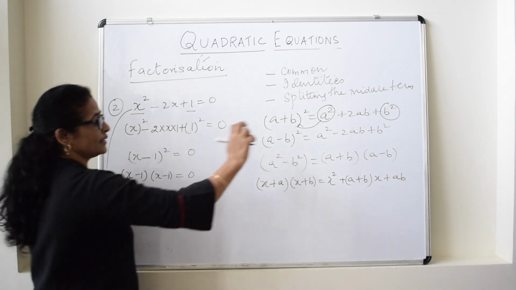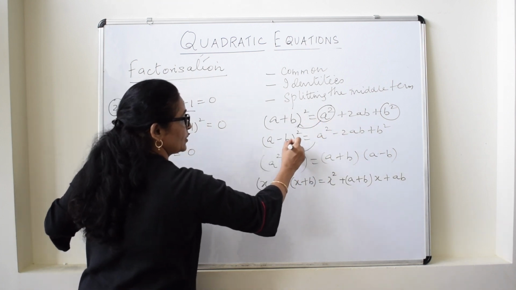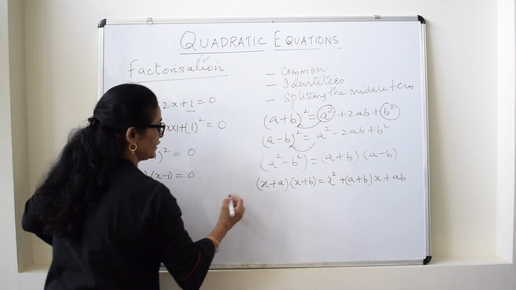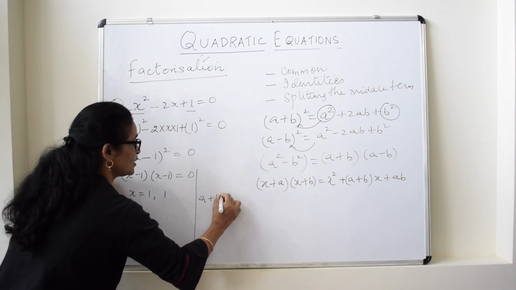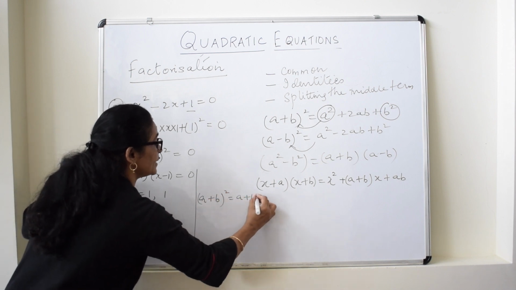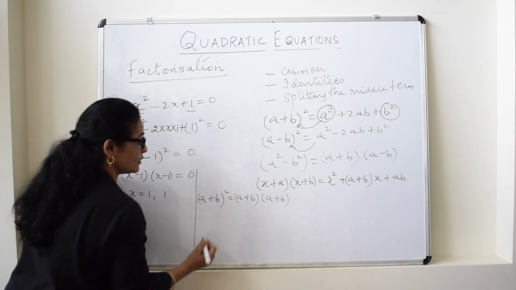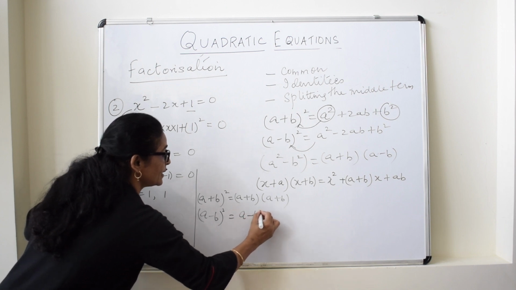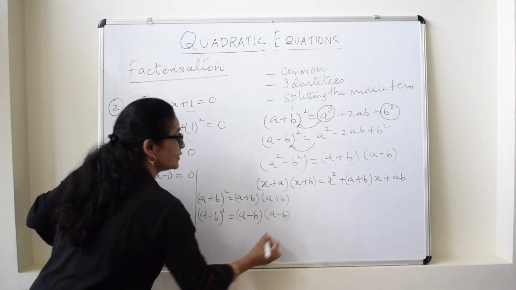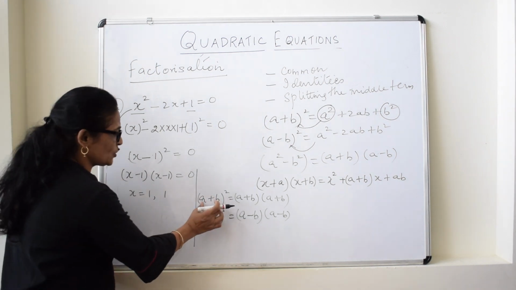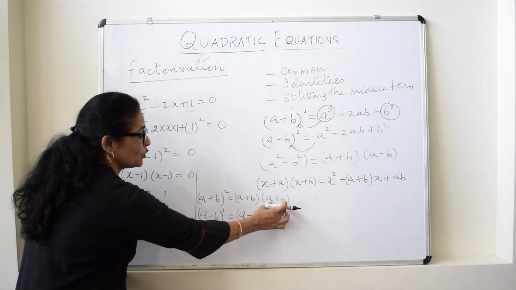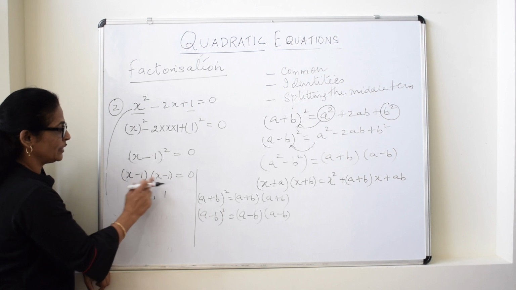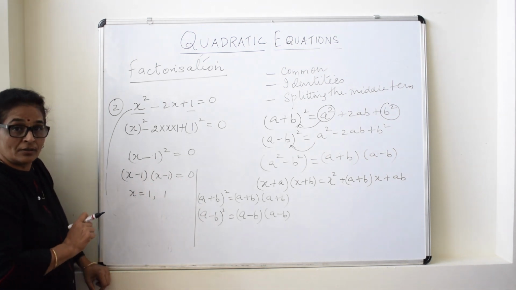So what have we observed? This is given and we are going back to the left hand side, and the left hand side is given in the form of a whole square. a plus b the whole square will be written as a plus b into a plus b. Similarly, a minus b the whole square will be written as a minus b into a minus b. Once you reach this stage, you have to go to a plus b into a plus b. Why? Because ultimately we have to write the linear factors, and each linear factor will be equated to 0 and will give us the root of the quadratic equation.